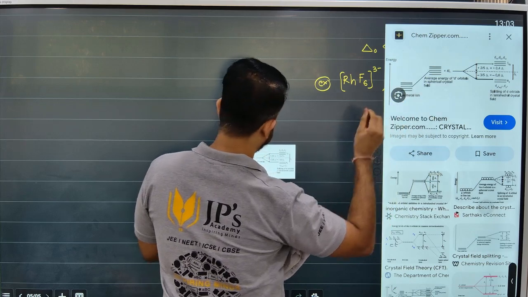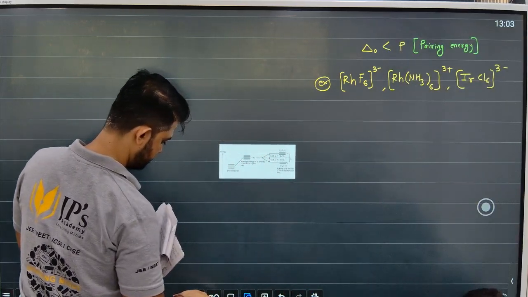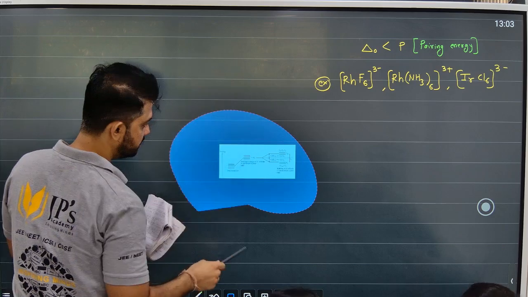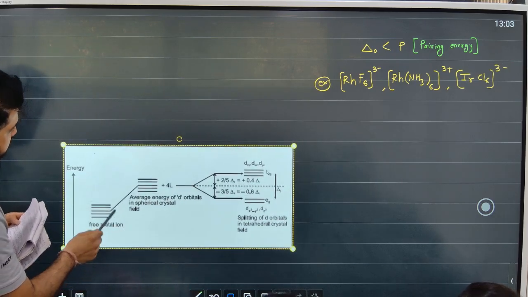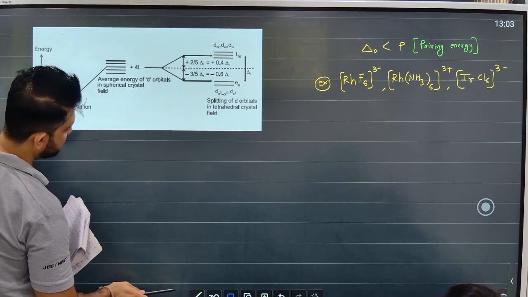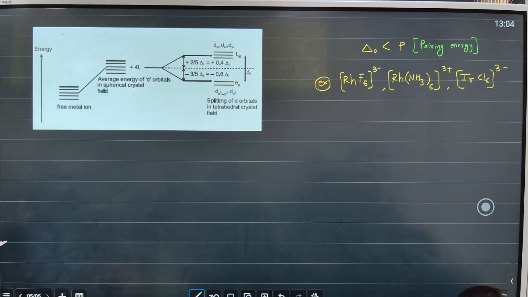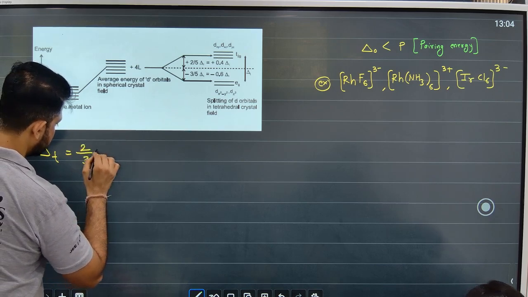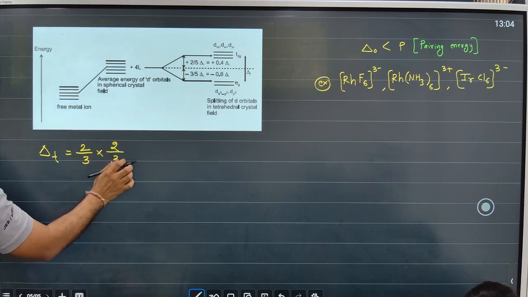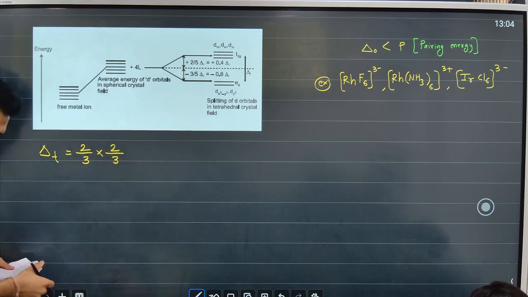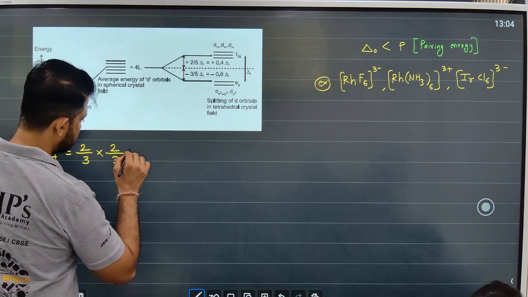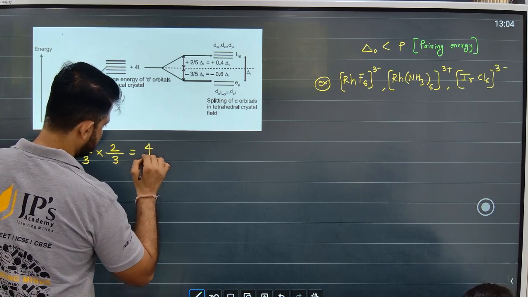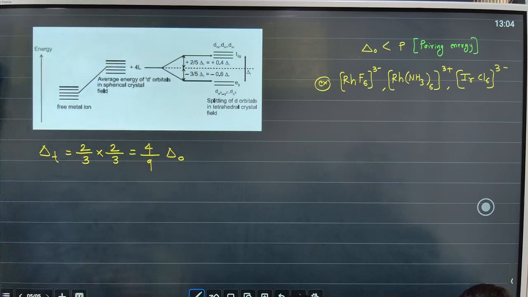Hence the ligand field is 2/3 the size, and the ligand field splitting is also 2/3.